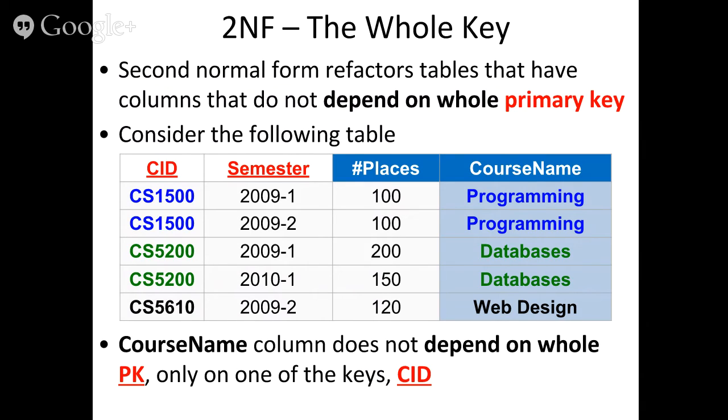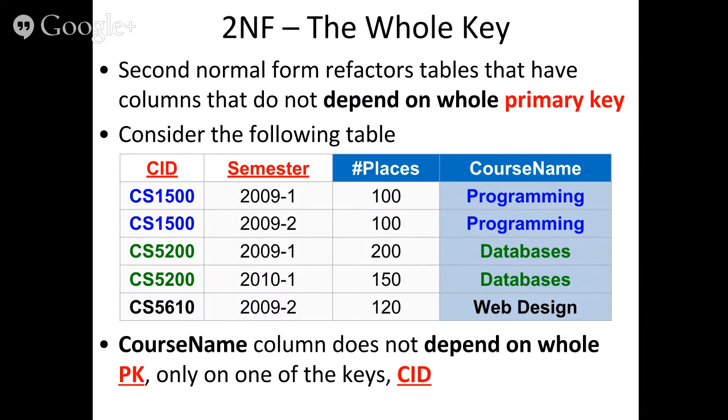These two fields, the course ID and the semester, the combination has to be unique. So for instance, we have CS5200 in 2009-1, CS1500 again 2009-2. So semester 1, semester 2, semester 3, I'm guessing.